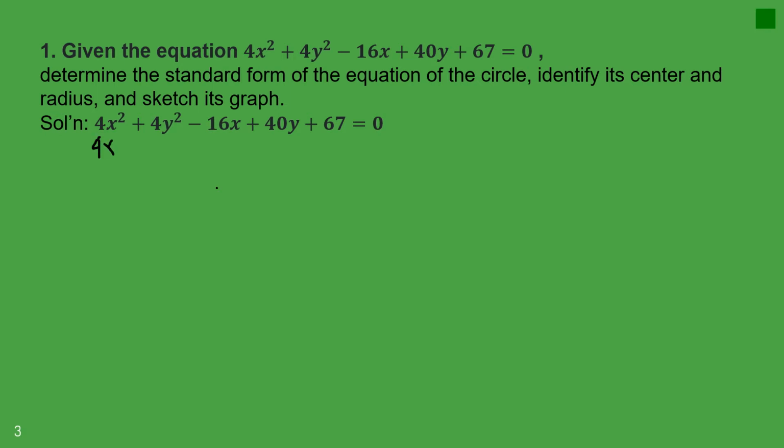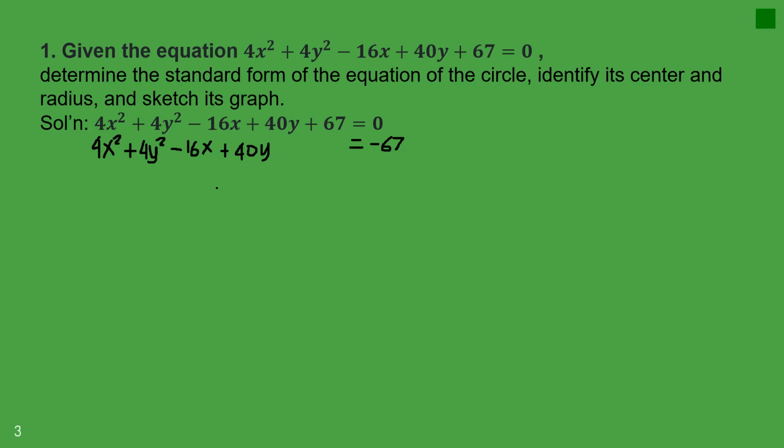What will remain on the left side of the equation is 4x squared plus 4y squared minus 16x plus 40y, and this will be equal to negative 67.